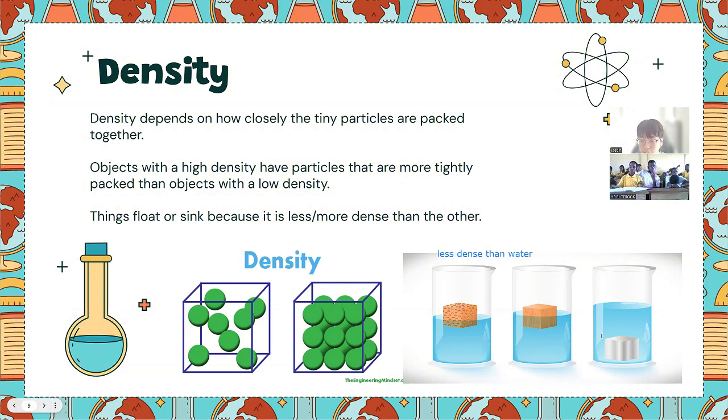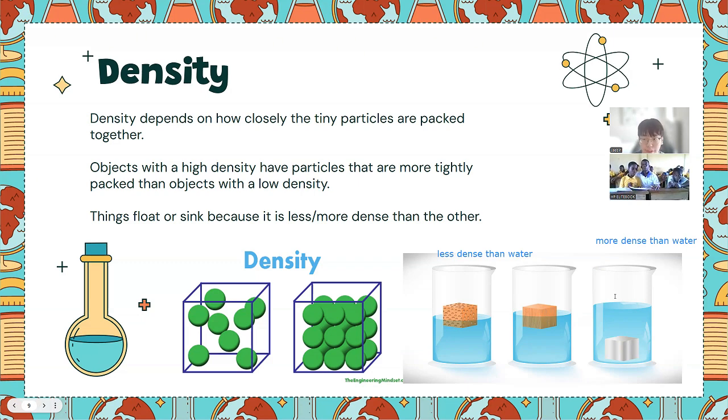But you can see on the right, this cube sinks in water. This suggests that this material is more dense than water. These are small tests that you can conduct to test the density of things.